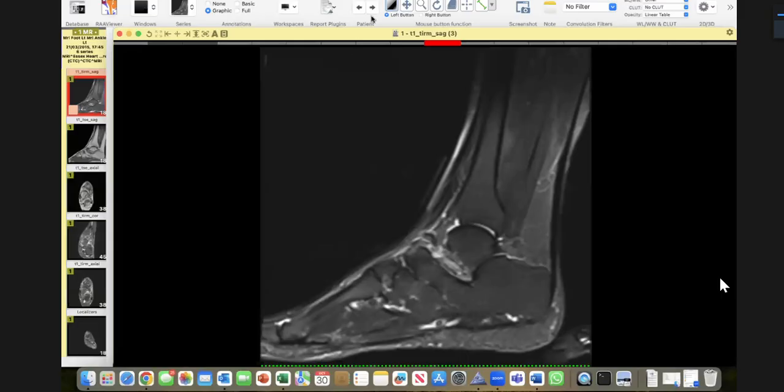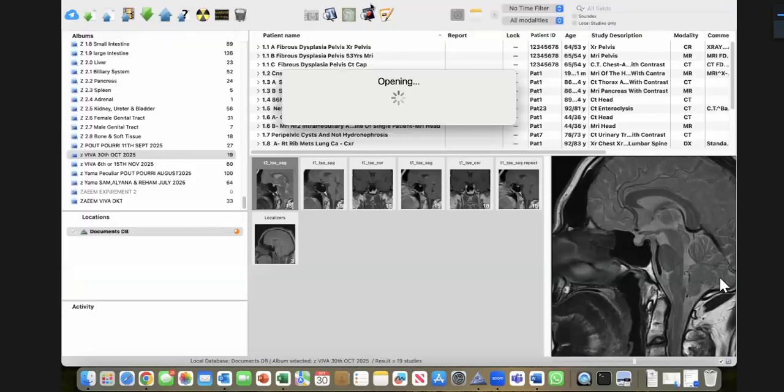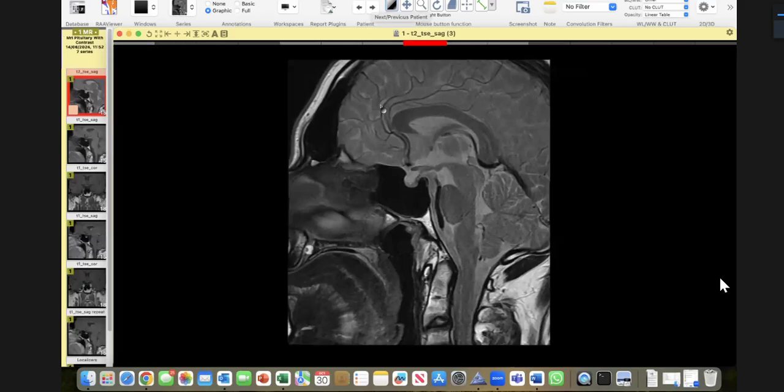Okay, thank you. Next, this patient is a 24-year-old who has got polyuria and polydipsia. So they have asked for an MR of the pituitary. Okay, sir. I'm provided with the MRI brain sagittal view of a young patient who has presented with polyuria.